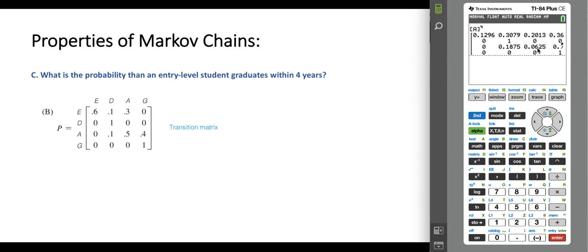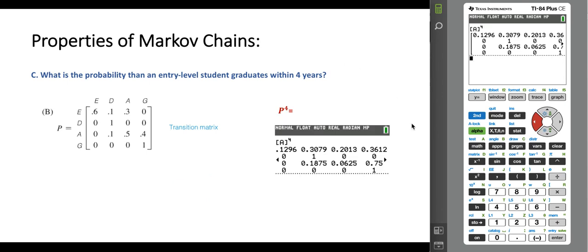The matrix does not show on the screen. If you toggle to the right, you'll see the whole thing. So we're going to go back and forth. I put this on this slide, and I just tried to center it and put it in the middle. But this is P to the fourth, which is showing us the probability of what is happening 4 years from now.